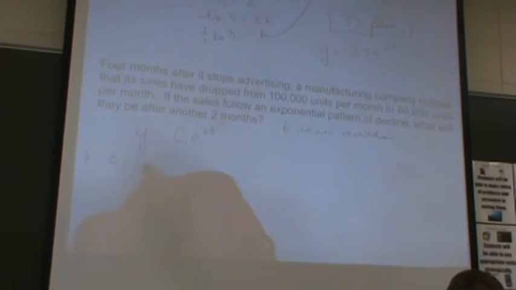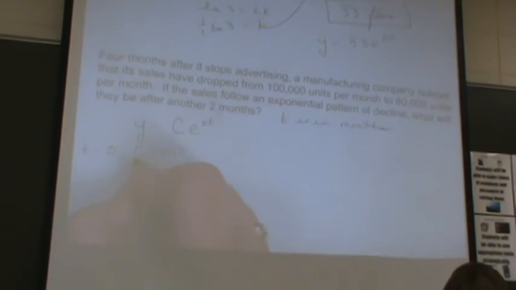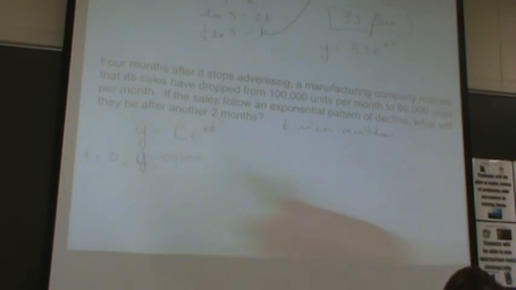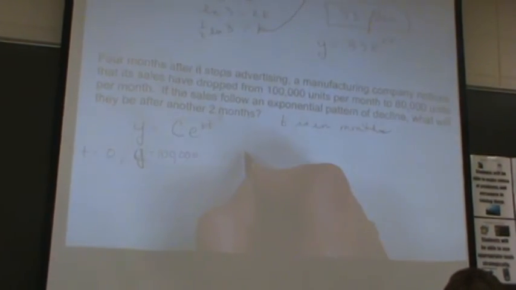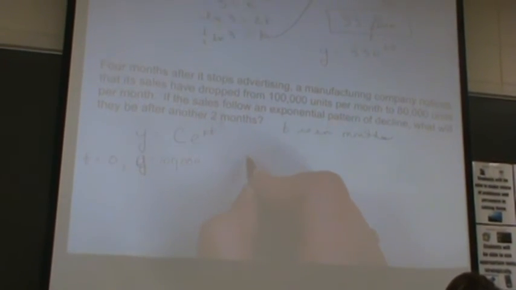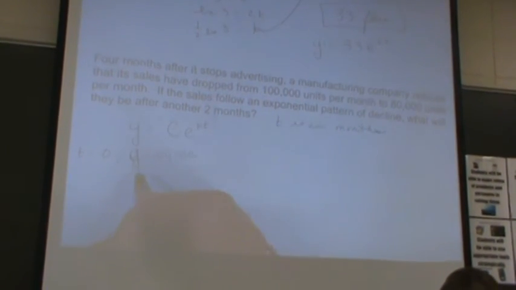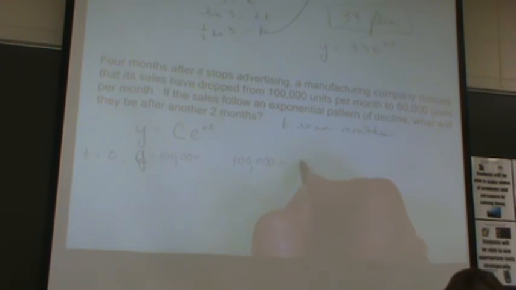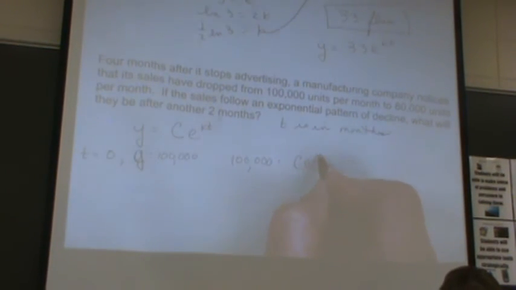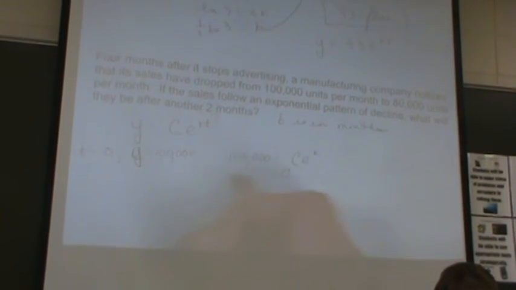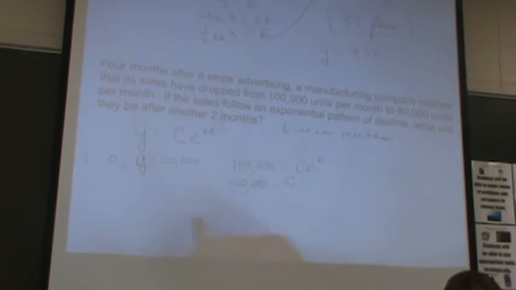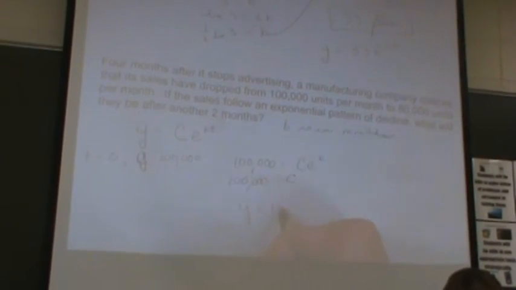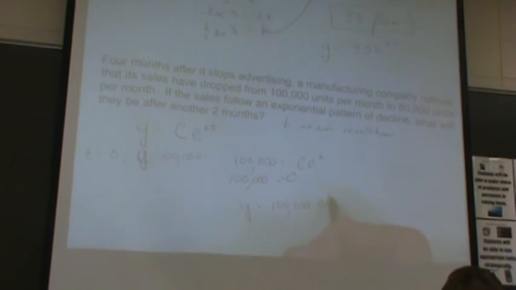Y would be 100,000. So 100,000 will equal C e to the k, which means C is 100,000. So we now have y equals 100,000 e to the kt.